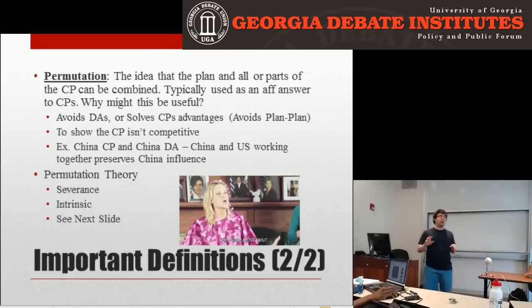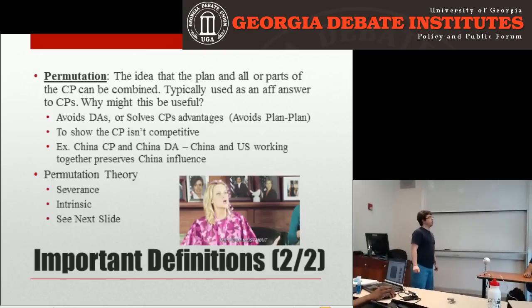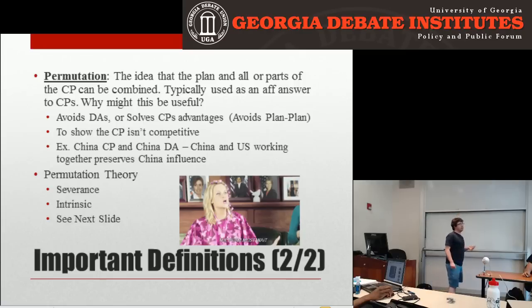Let's say, the one I bet you might interact with the most at this camp is if someone reads the China counterplan, and you say that the U.S. and China should cooperatively economically engage Cuba over oil drilling or something, then the negative team might say that you've added the idea that the U.S. and China cooperate in Cuba, which is neither in the plan nor the counterplan. Does that make sense?